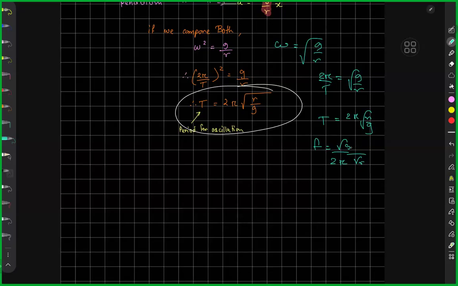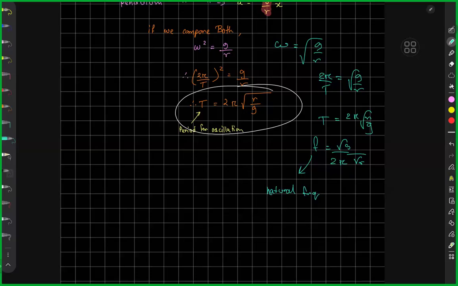Sorry. So my point that I'm trying to make over here: what does my frequency, or the natural frequency, depend on? It depends on the gravity and the radius. This is in case of a pendulum, by the way.